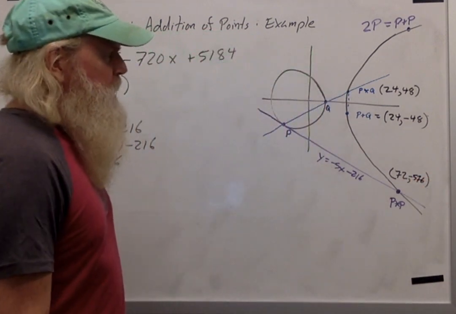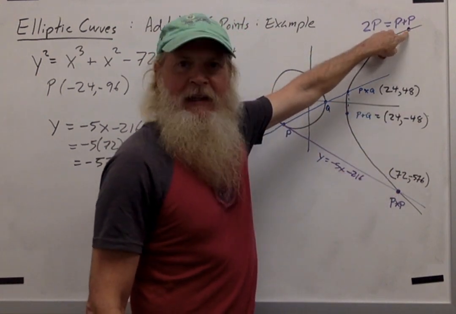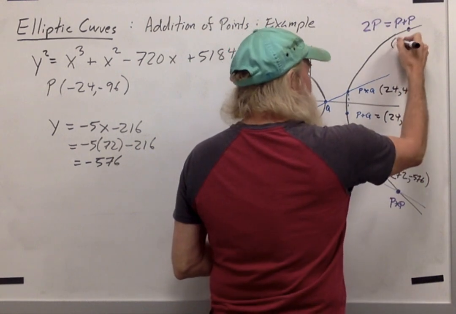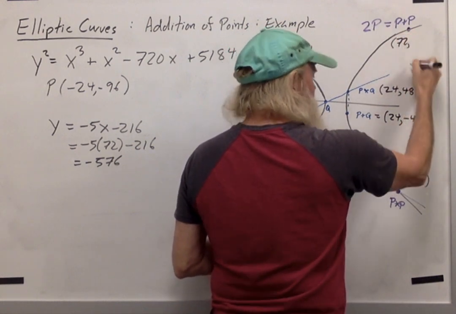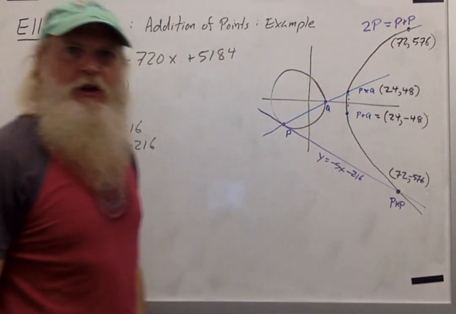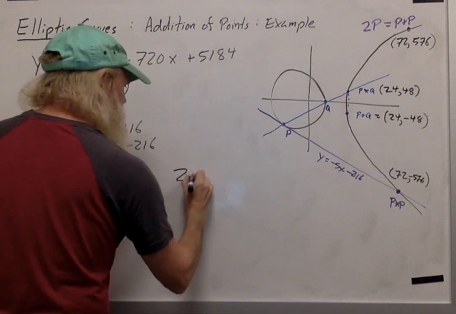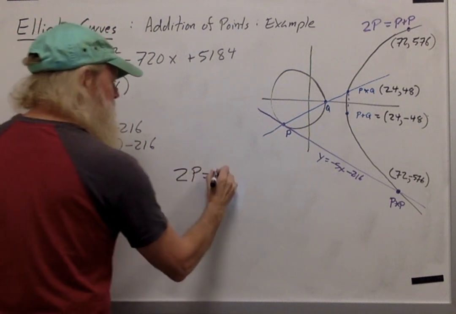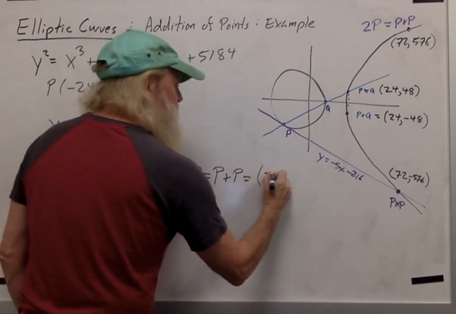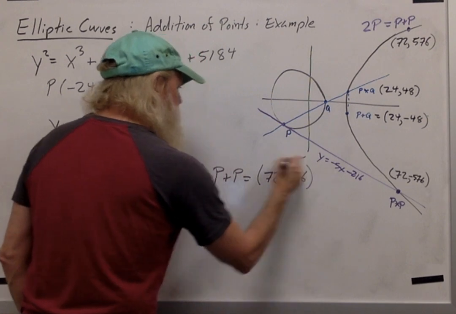So that's the y-coordinate of P star P. And then to get P plus P, I reflect that above. So that changes the sign of y, giving me 72, comma, positive 576. So the conclusion is that when I double the point P, in other words, when I take P plus itself, I get 72, 576.